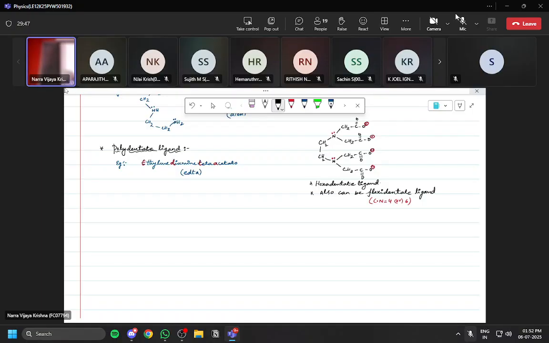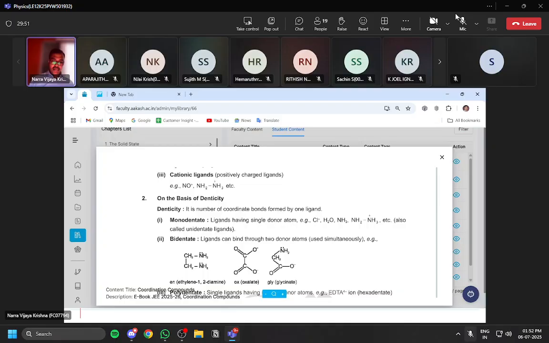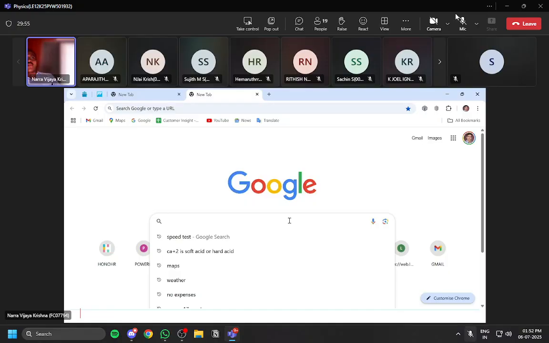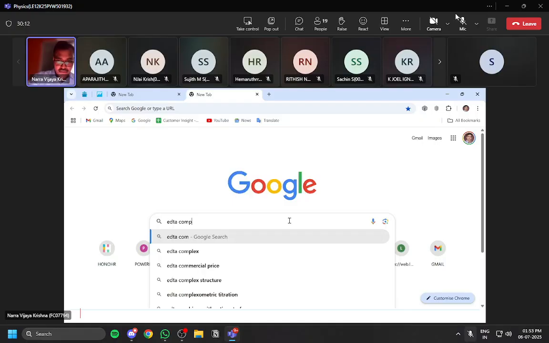Listen. EDTA is used for lead and mercury poisoning also, and also for removal of hardness of water. By adding EDTA, calcium and magnesium ions form complex with EDTA and it will precipitate, right? So EDTA complexes.